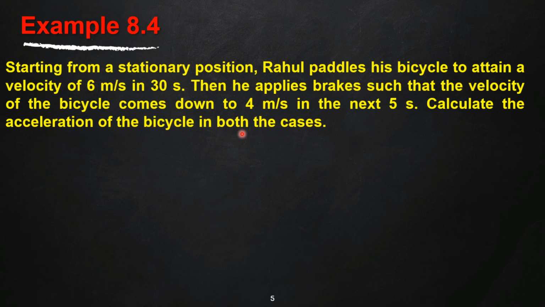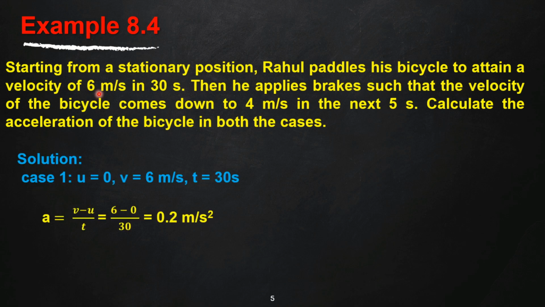Here we are going to consider two cases. In the first case, the object is starting from a stationary position. That means the initial velocity is 0 and the final velocity attained is 6 meter per second. So, case first, u means initial velocity is equal to 0 and final velocity is 6 meter per second. What is the time given?